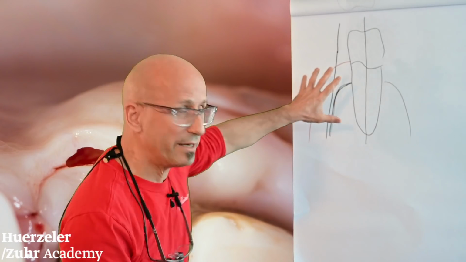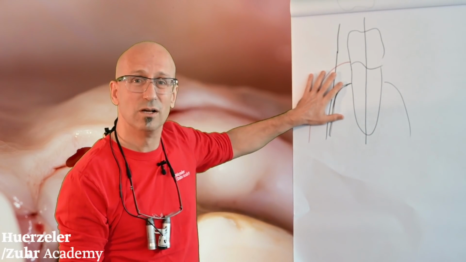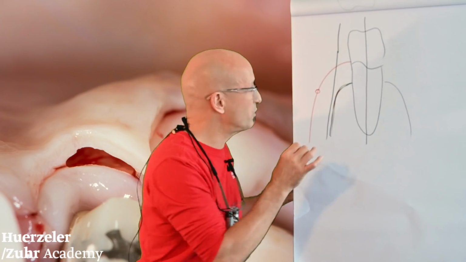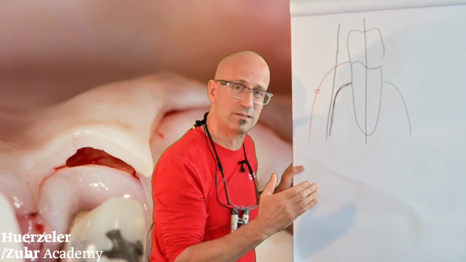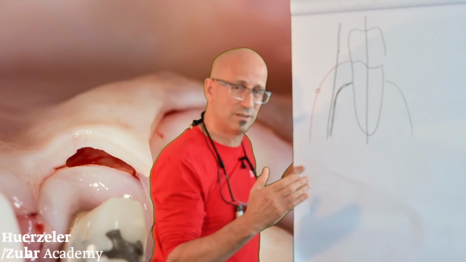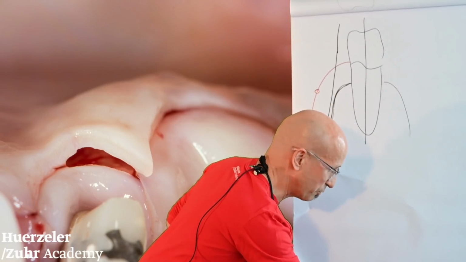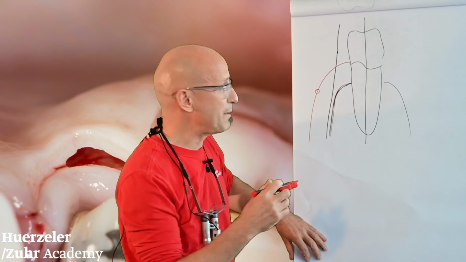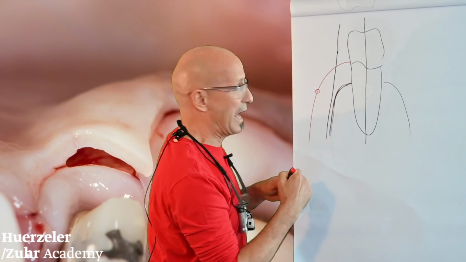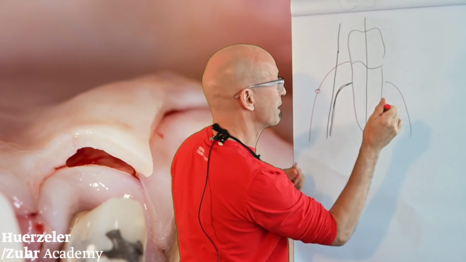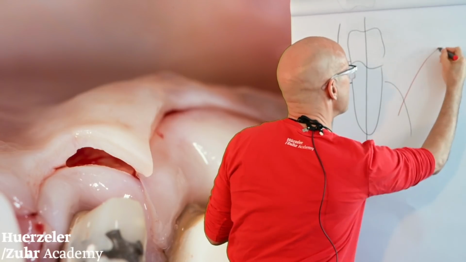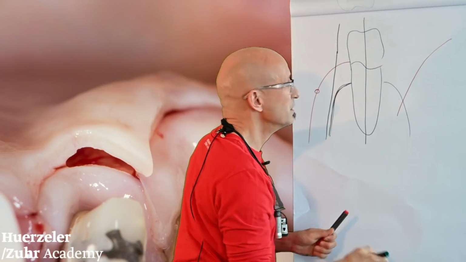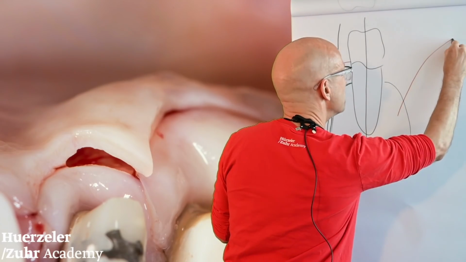Let's have a look together at this drawing. When you exactly follow these guidelines, which are described in many perio books, your flap design, when we look at the flap you have created, and let me draw this flap here in a very high magnification, this flap afterwards looks like this.